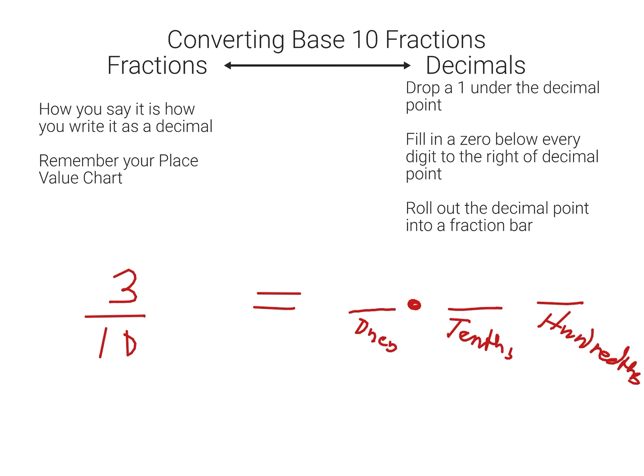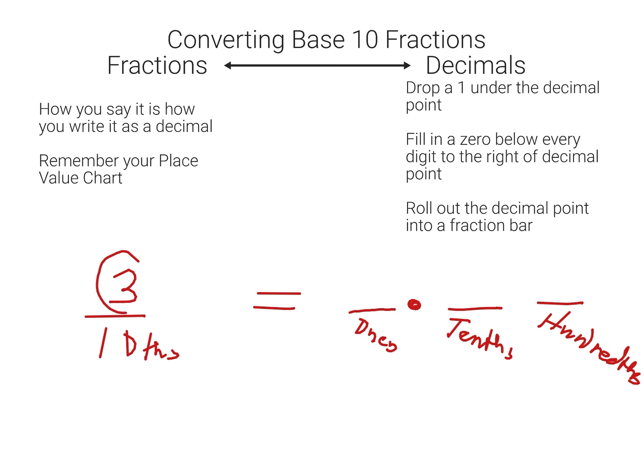How you say it is how you write it, okay? So the digit 3 is going to be written in the tenths place value. Okay? So the denominator in this example is my place value, and my numerator is the digit that I'm going to place in there.